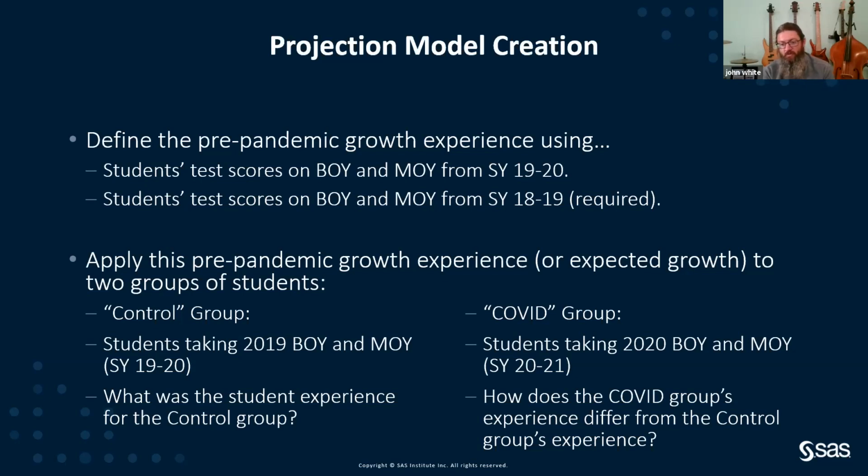Those are the observed test scores. We've projected out to the future based on their 19-20 BOY and MOY test scores to create the pre-pandemic expected score, but we're going to compare that to the 2021 observed BOY and MOY test scores. So this group actually did experience the disruptions because of COVID and the pandemic. We're going to call this the COVID group, if you will. And we're going to say, how does the experience of this group differ from the control group's experience for your specific LEA?